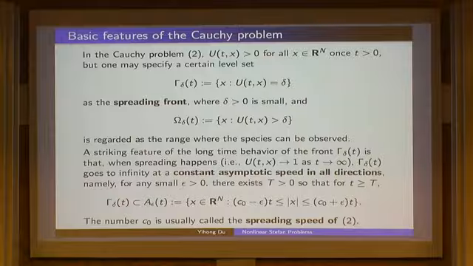Then how do you use this Cauchy problem? Well, this is not a big problem. You can choose a small positive constant delta such that you regard this region as where you can observe the population. If the population density is below delta, you just assume that there's no population. So this would be the populated region, omega delta of t.